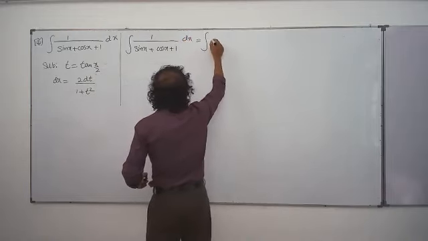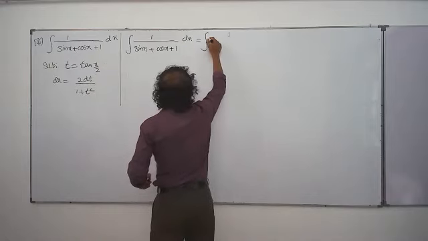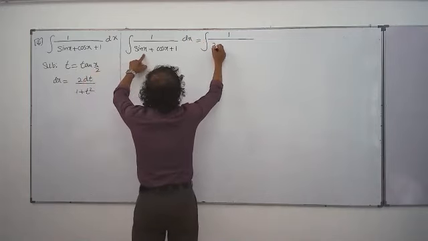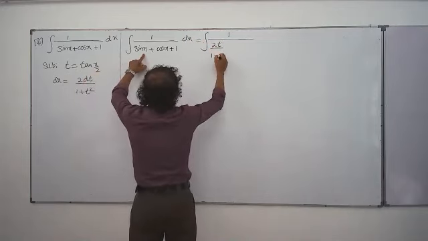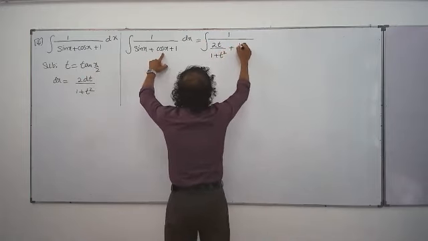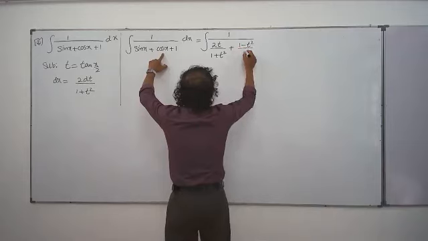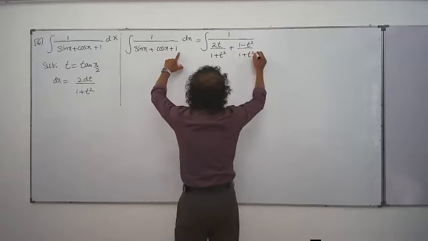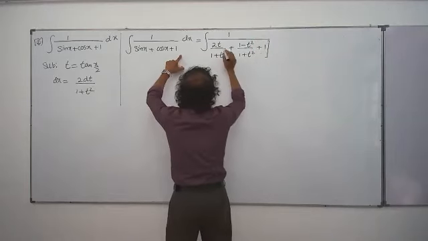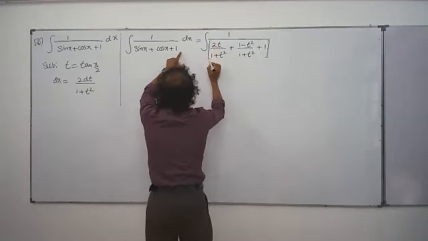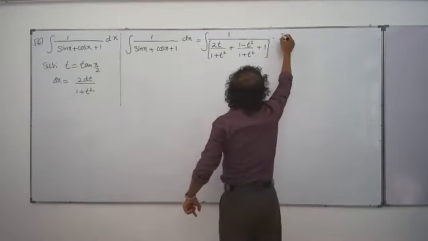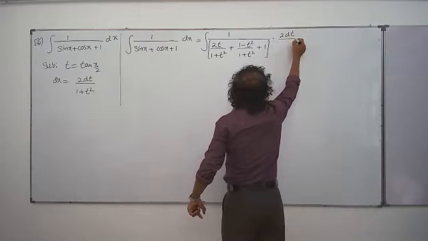Right. 1 over, when t equals tan x by 2, sin x means 2t divided by 1 plus t squared, cos x is 1 minus t squared divided by 1 plus t squared, plus 1. And this dx is 2 dt divided by 1 plus t squared.